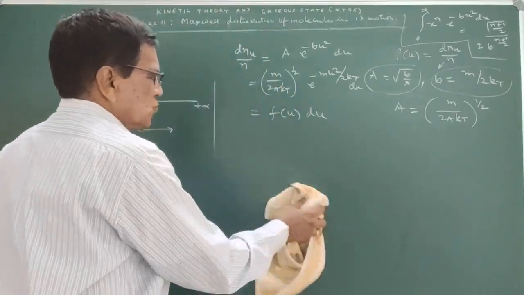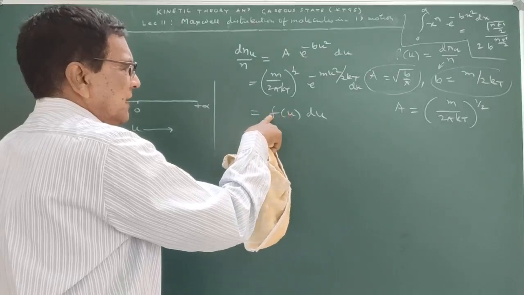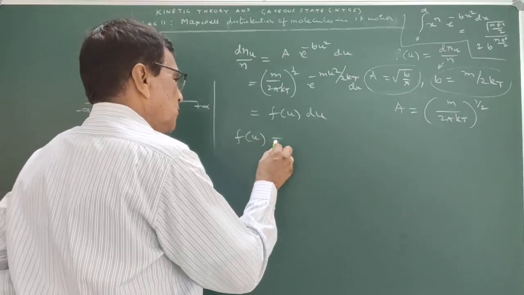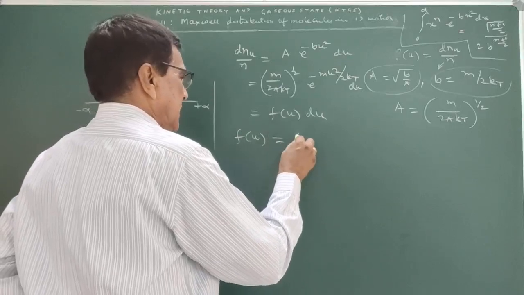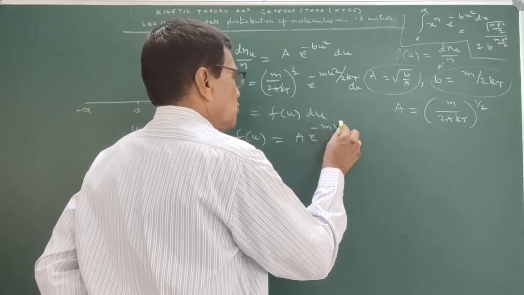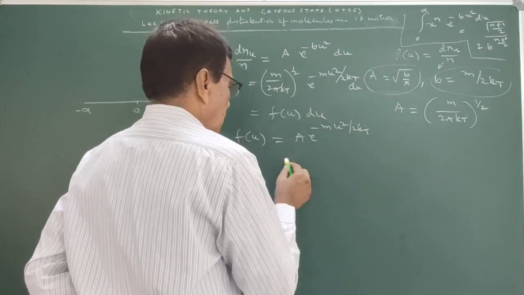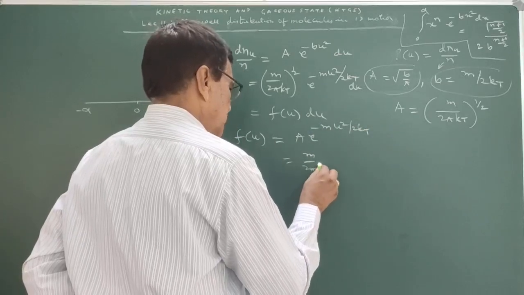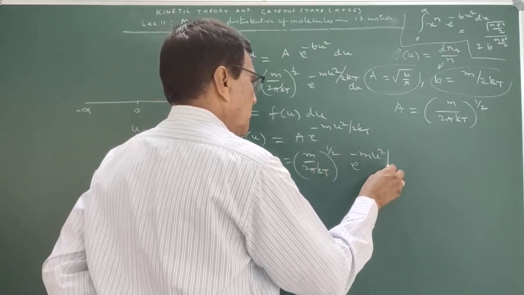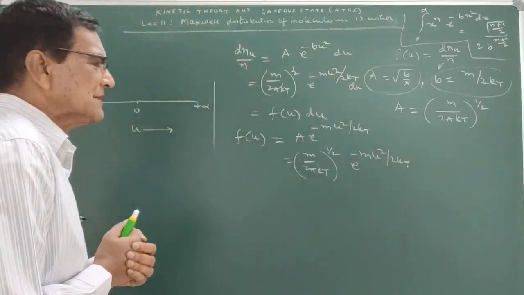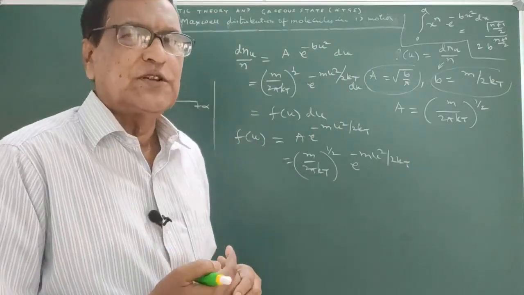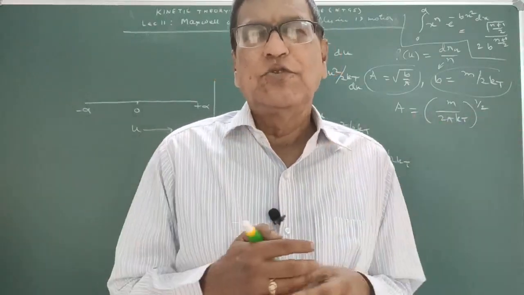And this x component velocity distribution function, this F(u) will be equal to A times e to the power minus mu square by twice kT, or you can write (m by twice pi kT) to the power half, to the power minus mu square by twice kT. Okay.